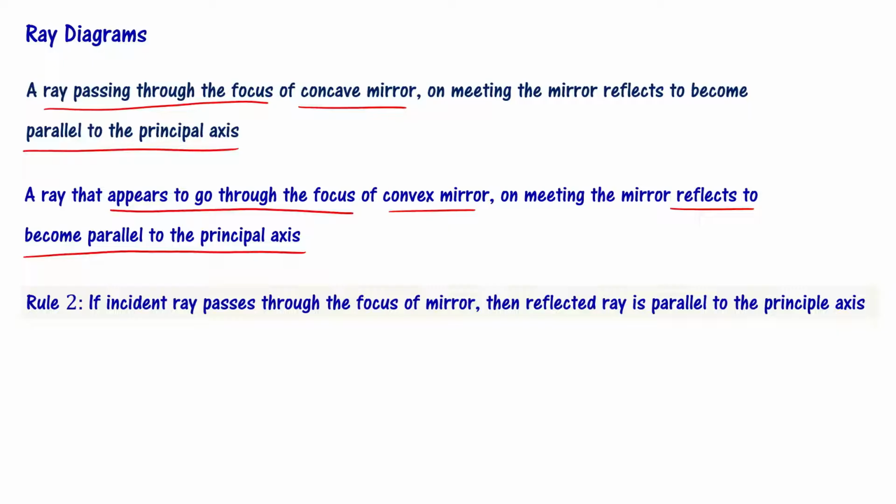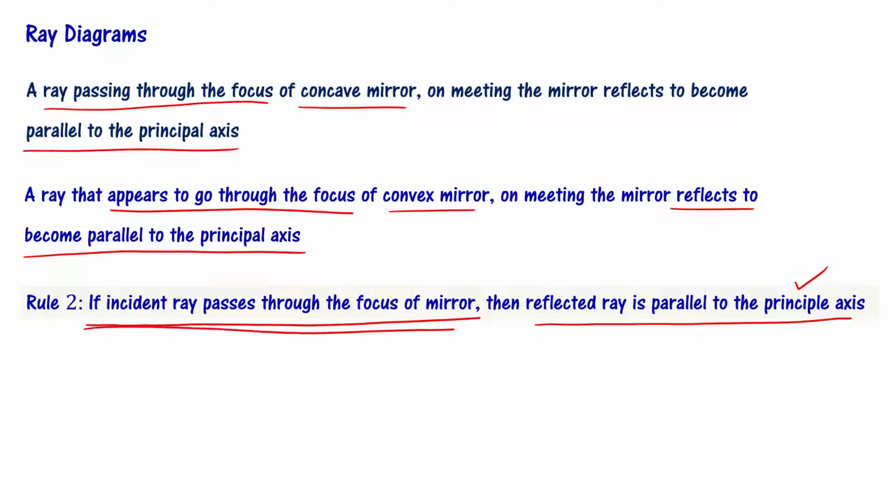Rule number 2, if incident ray passes through the focus of mirror, then the reflected ray is parallel to the principal axis. ఇది కాన్కేవ్ మిర్రర్ కి రాసిన డెఫినేషన్. యు సీ దిస్. ఇఫ్ ఇన్సిడెంట్ రే పాసెస్ త్రూ ద ఫోకస్ ఆఫ్ మిర్రర్, then the reflected ray is parallel to the principal axis. Okay.